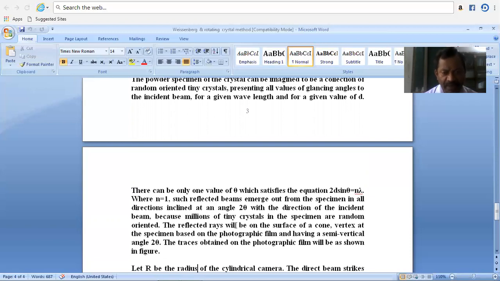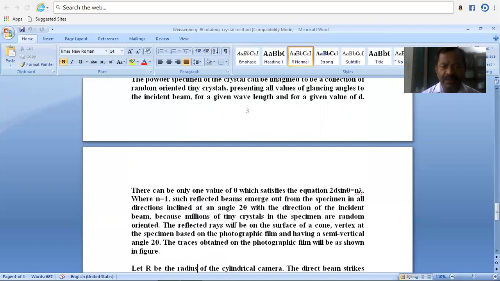Such reflected beams emerge out from the specimen in all directions, inclined at an angle 2 theta with the direction of the incident beam, because millions of tiny crystals in the specimen are randomly oriented.